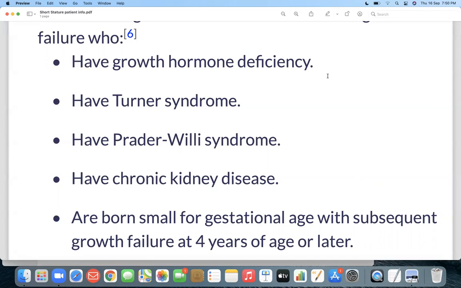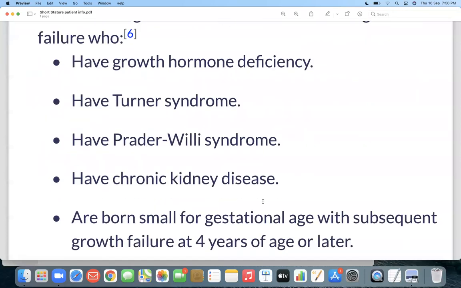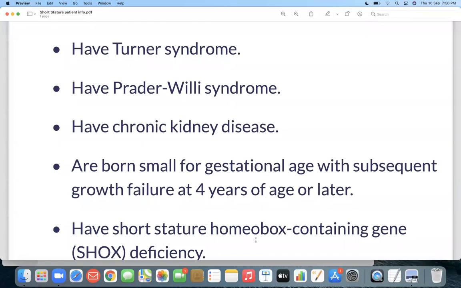NICE did not approve. NICE only these 5 conditions. Russell Silver does not come under the approval of NICE, you're telling. Okay, so this is only growth hormone deficiency, Turner syndrome, Prader-Willi syndrome, chronic kidney disease, small for gestational age who are not catching up growth at 4 years and above, and SHOX deficiency.